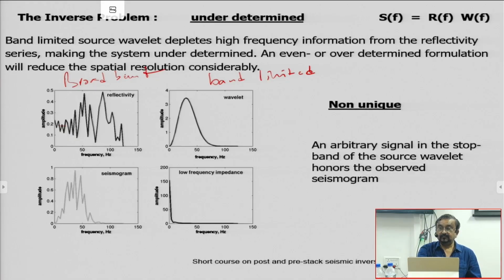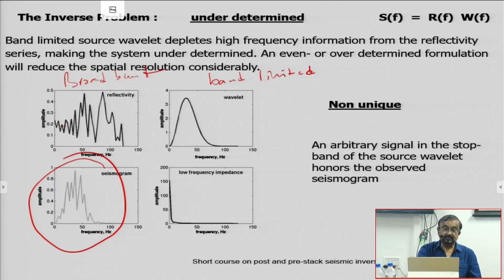So a convolution is the same as multiplication in the frequency domain. So if you multiply these two, your seismic trace has missing low and high frequencies because the wavelet has filtered it, right?